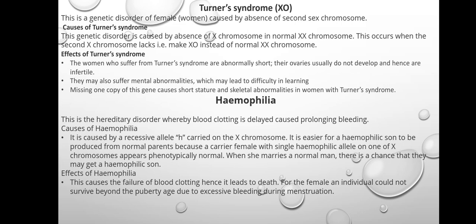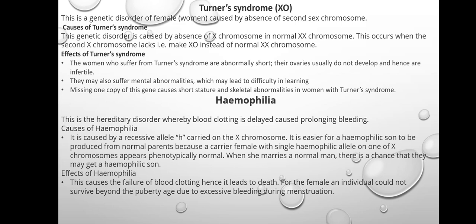This means it is easier for a haemophilic son to be produced from normal parents, because a carrier female with this single haemophilic allele on one of her X chromosomes appears phenotypically normal. When she marries a normal man, there's a chance that they may get a haemophilic son.